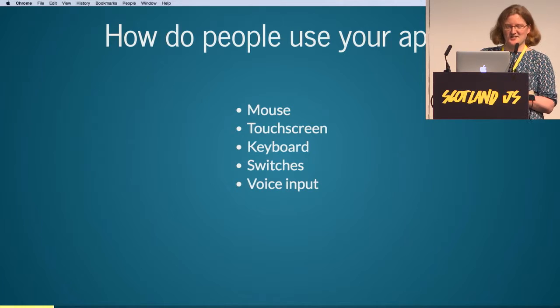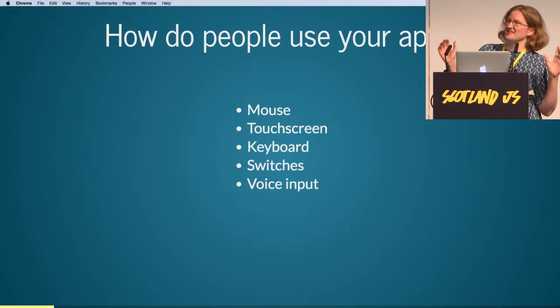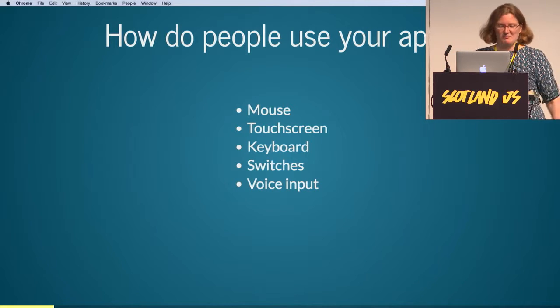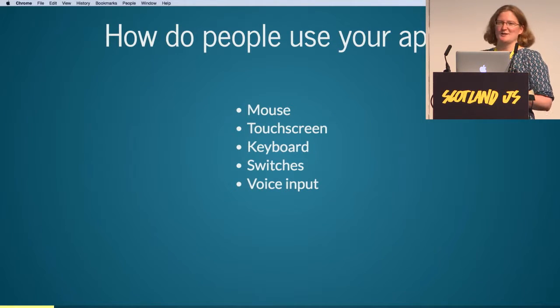So that's quite interesting. Also, how do people interact with your user interface? So you might be familiar with a mouse and a touch screen. People also may be using only the keyboard. Some people can't use a mouse or can't see where the mouse is pointing on the screen. Another thing is switches. That's a pretty general, vague term, but there's all sorts of devices that are basically just interacting by producing a limited number of signals.